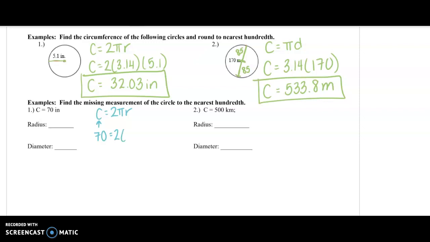That's equal to 2 times 3.14 times r. So that means 70 is equal to 2 times 3.14, which is 6.28, times r. I can divide both sides by 6.28.